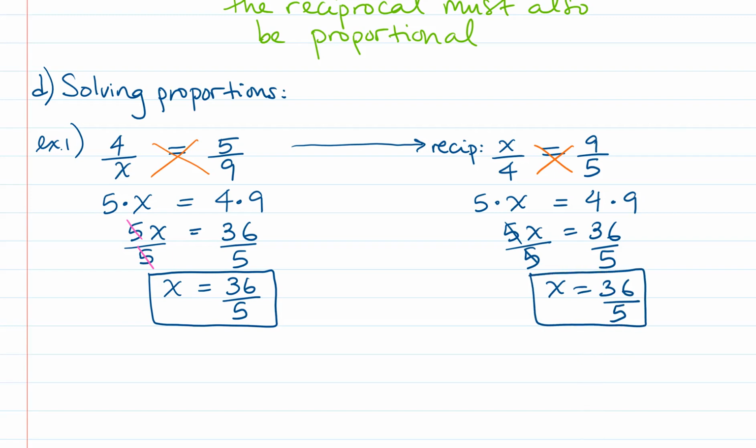Let me go back to the left side here. The 5 times x, the result's there, and the 4 times 9, the result's there. The same goes for the right hand column.